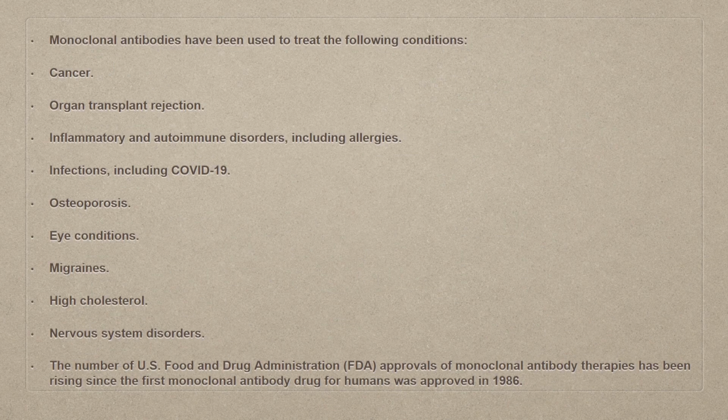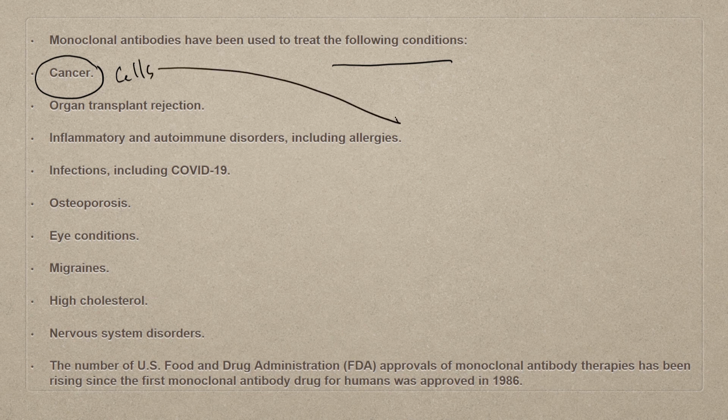Now, in terms of conditions treated with monoclonal antibodies, as I mentioned, it is used against cancer cells. So, say for example, cancer cells are producing some specific antigen on the surface.